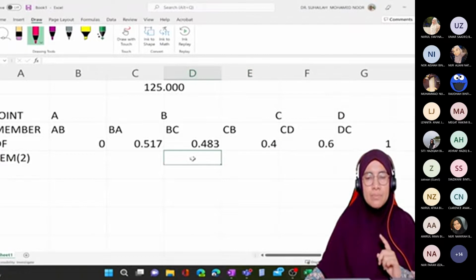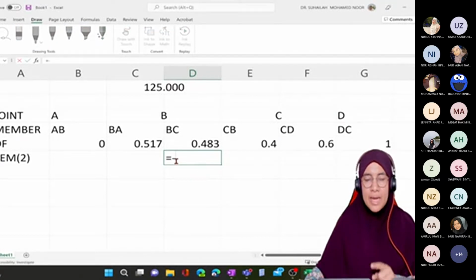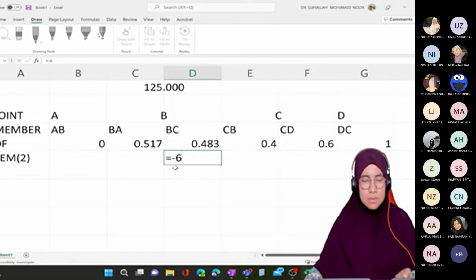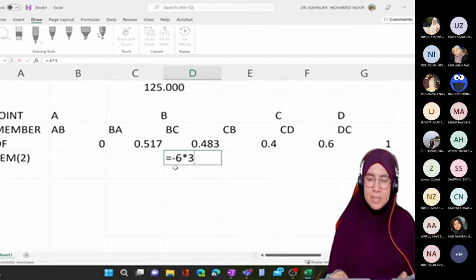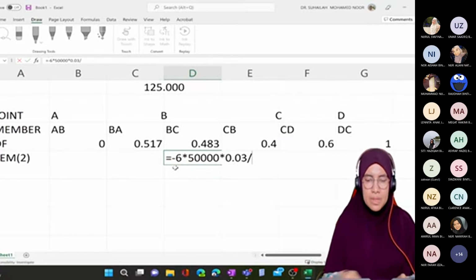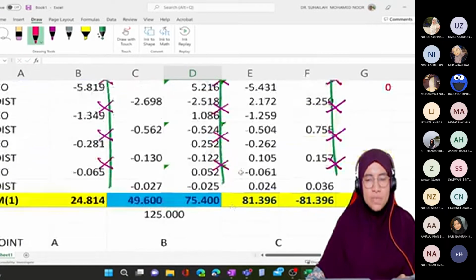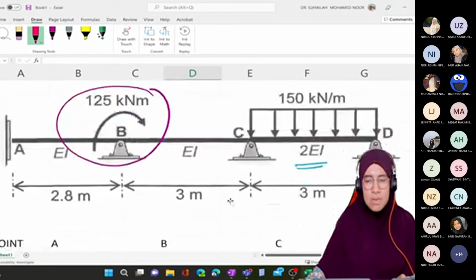So FEM BC, FEM CB, we get negative 6. Let's say EI is 50,000. 6EI delta is 0.03 divided by 3 squared, which is 9. So we get negative 1,000.